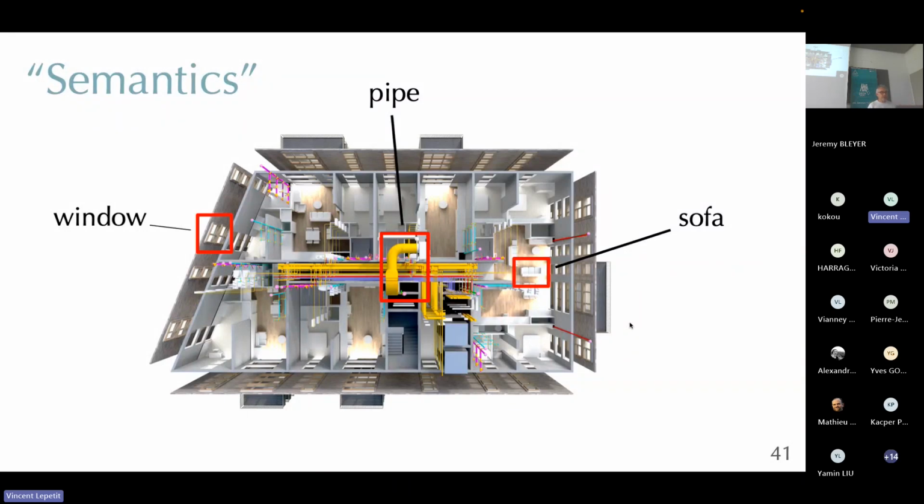From a digital twin, a BIM model, you don't want just the geometry. You want to know that this part of your 3D model is, for example, a window. This part is a pipe, this part is maybe a sofa. And not just that all the points on the sofa are there, but you should know that it's a sofa, all the points together.